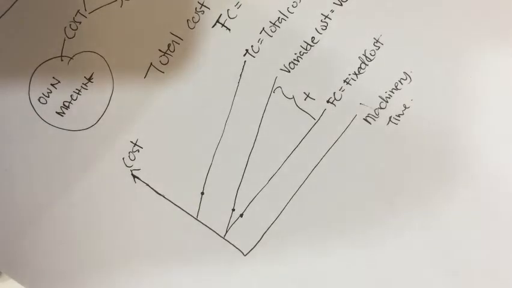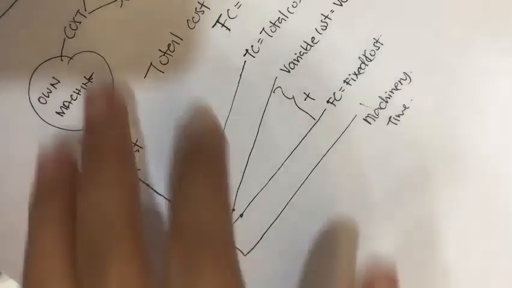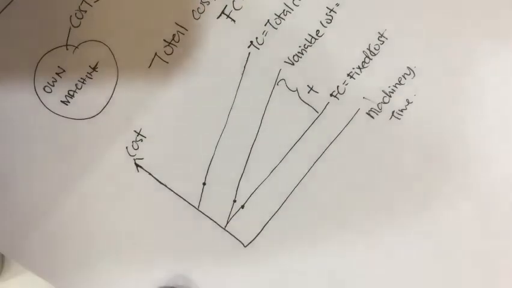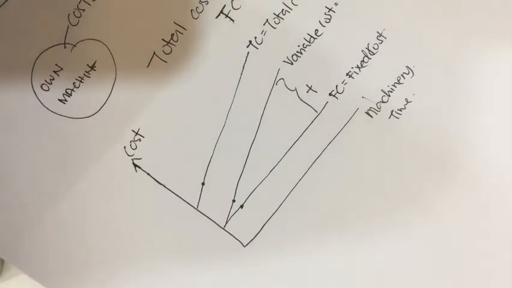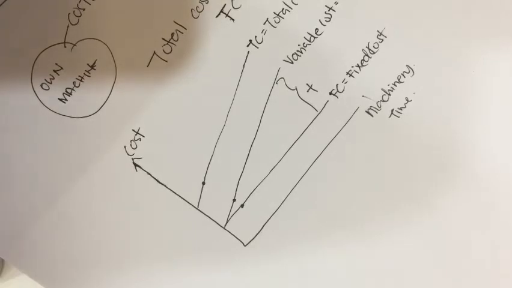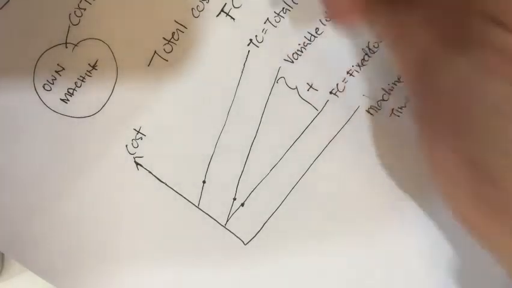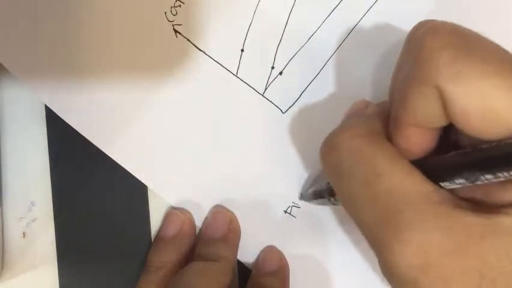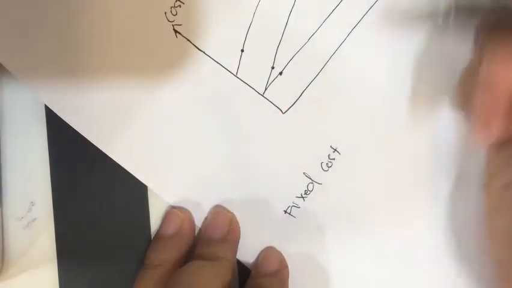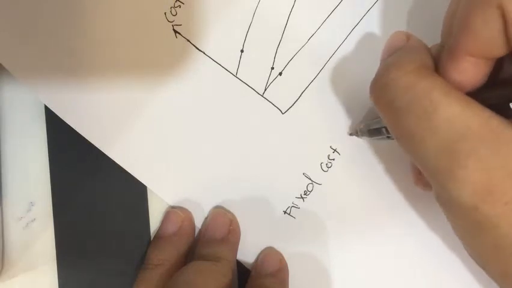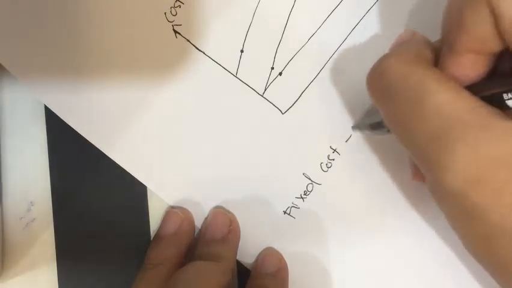You have to know that we have a few types of machinery costs. The first one is under the fixed cost. We call it fixed cost, also known as the ownership cost.